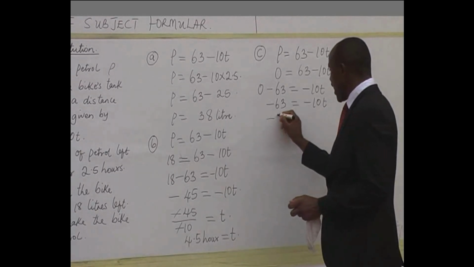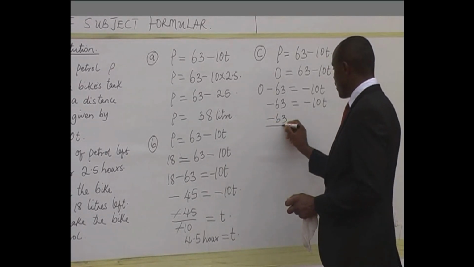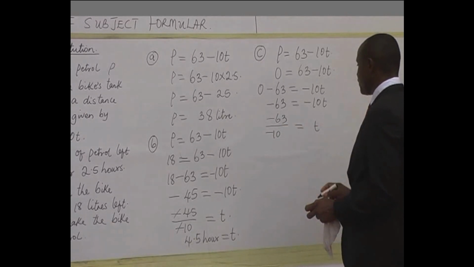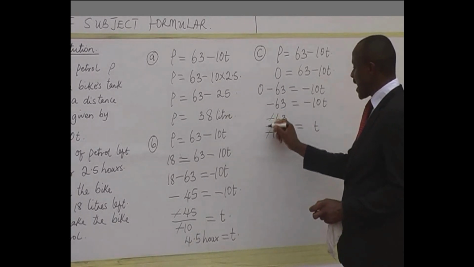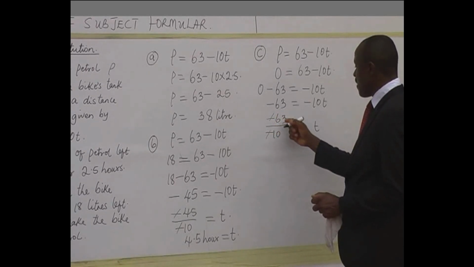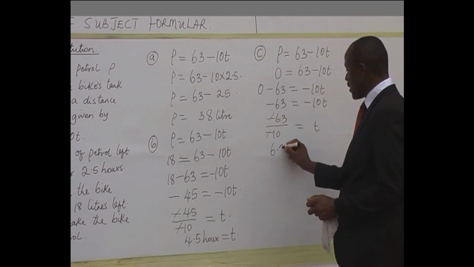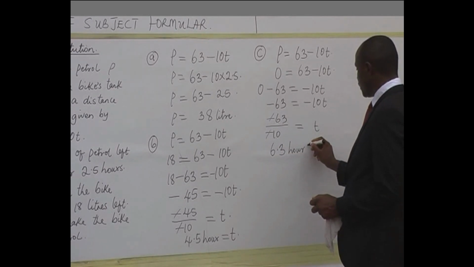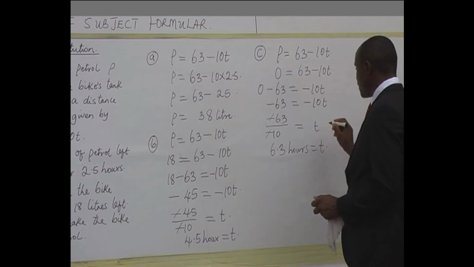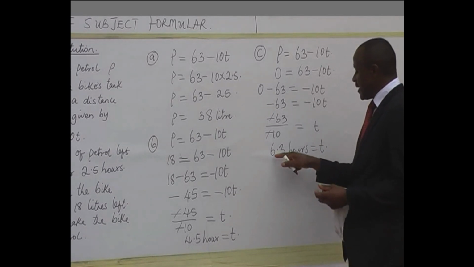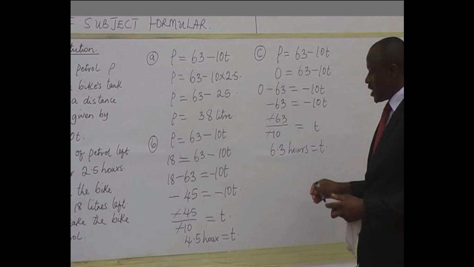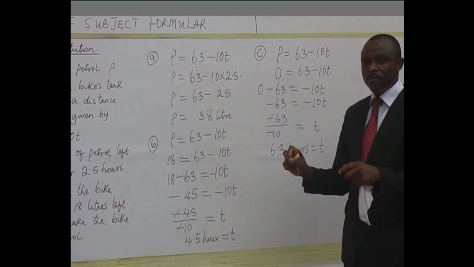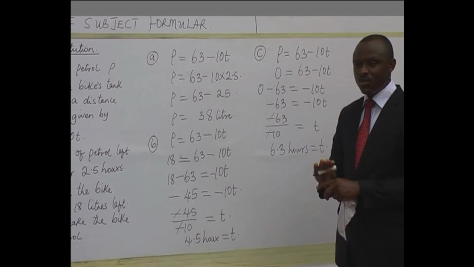So we'll be left with minus 63 over minus 10 is equal to T. Minus will first of all cancel minus. 63 divided by 10 will give you 6.3 hours. And that is the value of T. That means it will take 6.3 hours of traveling for the fuel to be exhausted.